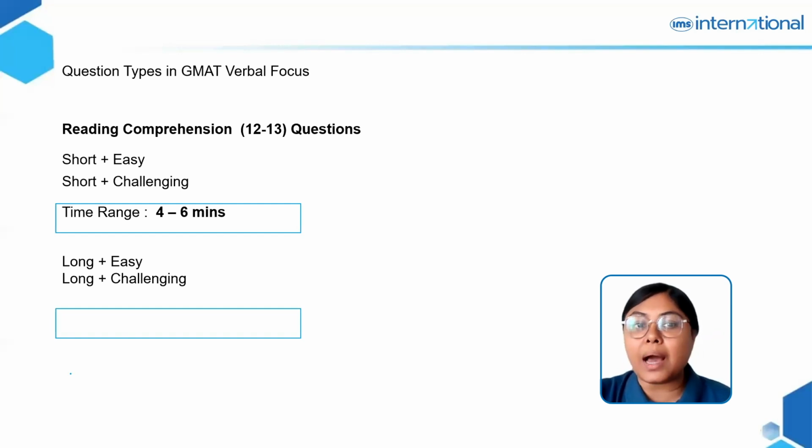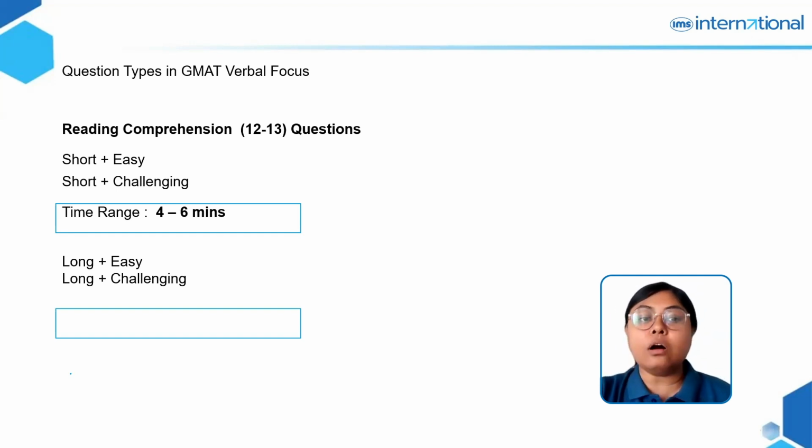So what I want to highlight is that when you are preparing for this test, we cannot just pace by thinking 1 minute per question. That's a very easy way of looking at it. There has to be a range of time. When you are practicing, keep in mind that some RCs will take less time, and some will be challenging enough that they take comparatively more time.